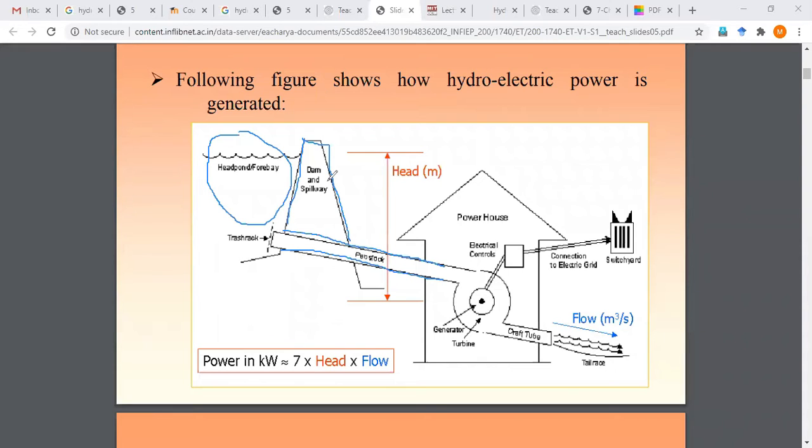One more thing to take note of is the difference between the heads. As the head is high, less water is required to drive the turbine. So while selecting a site for a hydropower plant, the main concern is the head. The higher the head at which we build a hydropower plant, the less water or fuel is required to generate electricity.